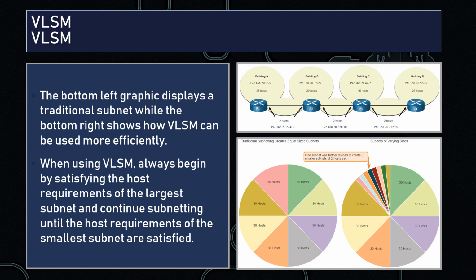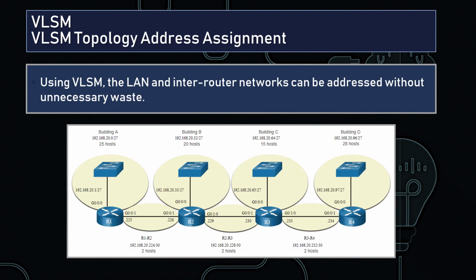So we're able to then assign that to our WAN links and reduce the amount of wastage that would be involved. Here we can see in this case we've got 28, 15, 20, and 25. That all fits pretty close within the /27. Now we're going to use the /30s for our router to router links, and we have optimized our network segmentation for this particular assignment.